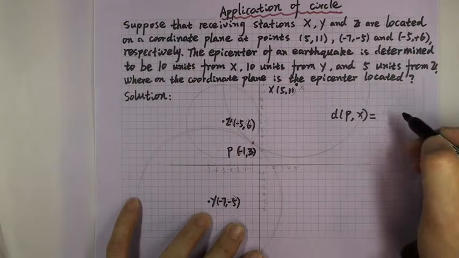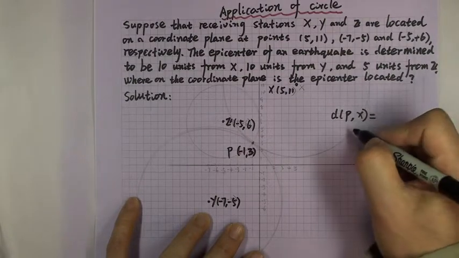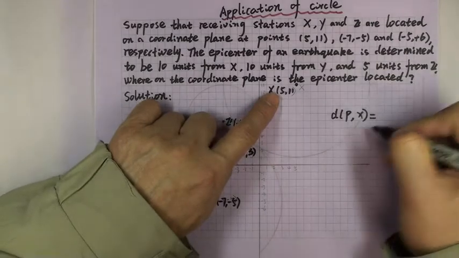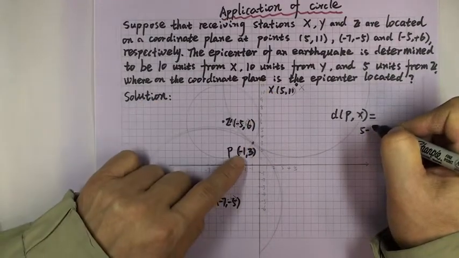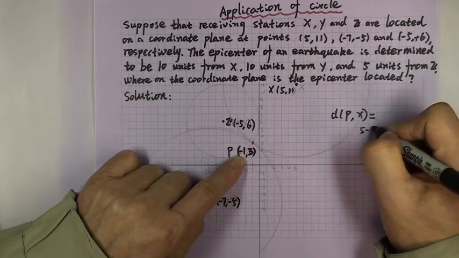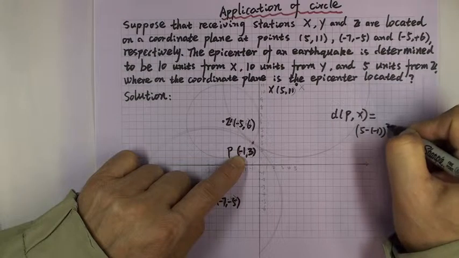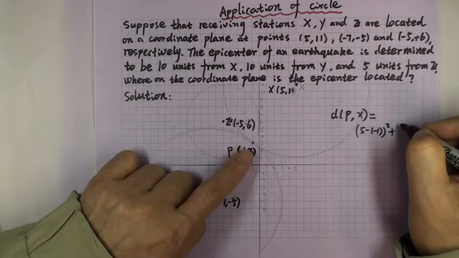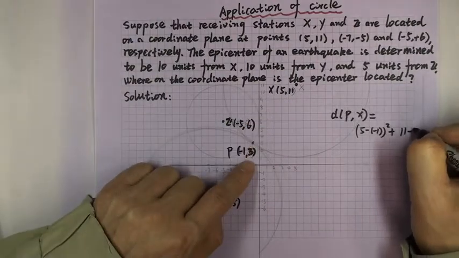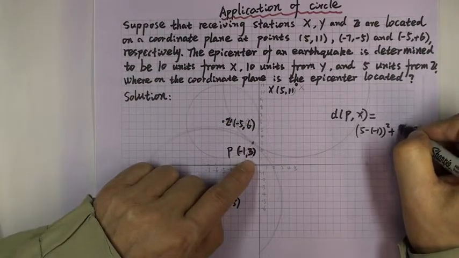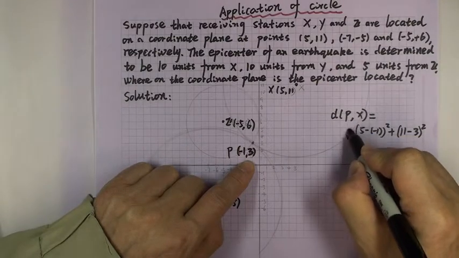It will be the square root of (5 minus -1) squared plus (11 minus 3) squared. Don't forget, choose the square root.